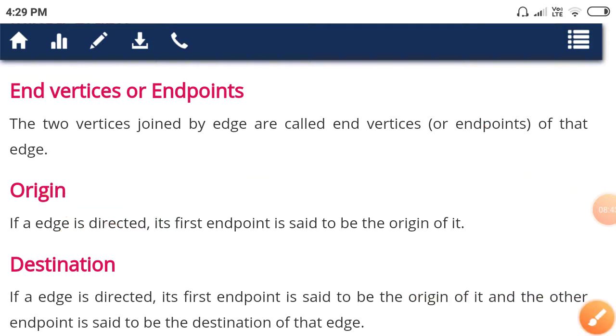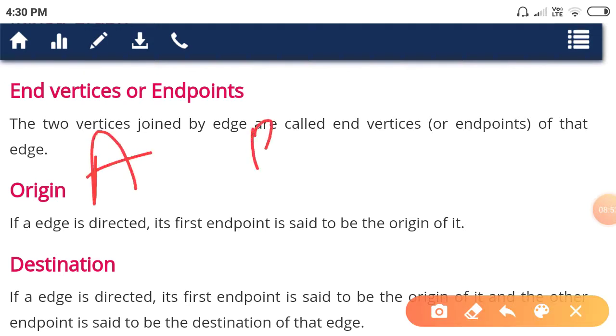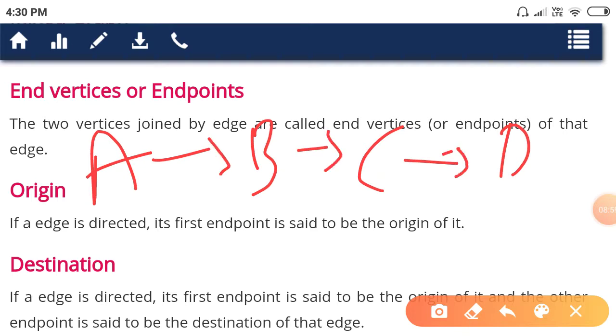Okay, and then next, origin. If the edge is directed, its first endpoint is said to be the origin of the edge. Here a, b, c, d. This is a directed graph.